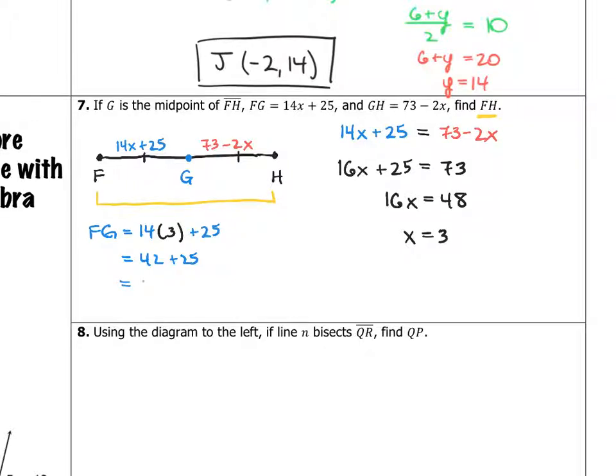FG is equal to 67. I also know that GH, because it's congruent to FG, is also going to be 67. So line segment FH is going to be 67 plus 67, which adds to be 134. So FH is equal to 134.